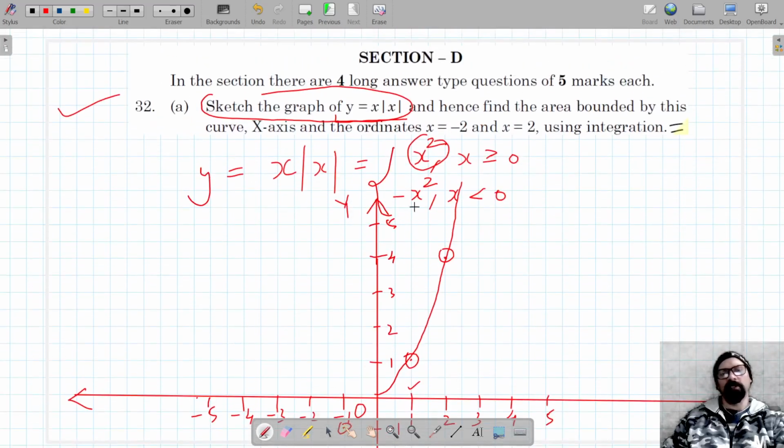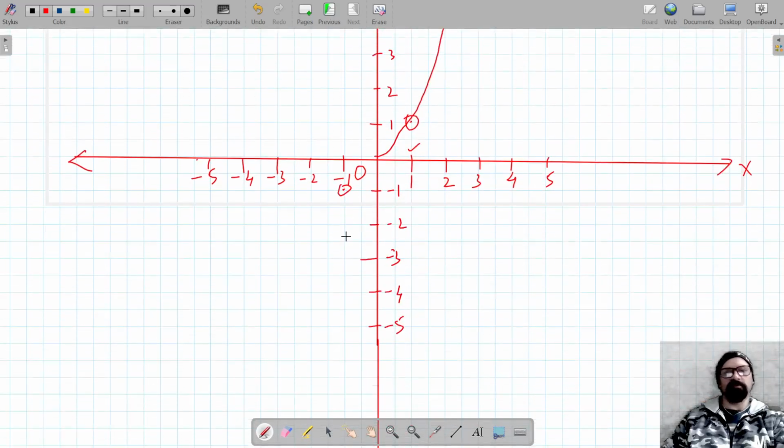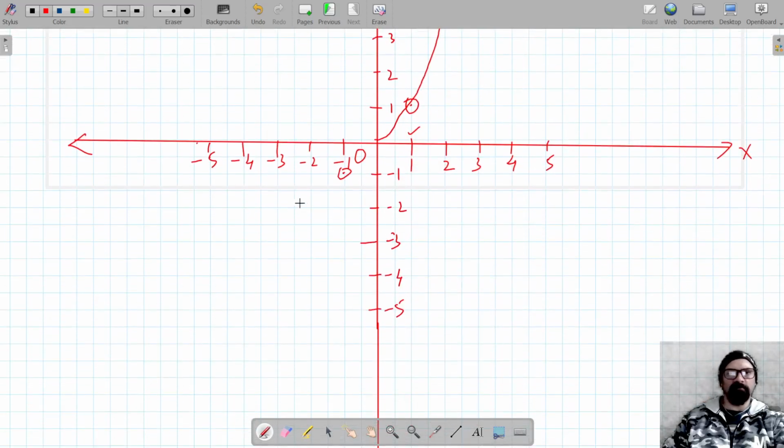If I put negative 2, negative of 2 squared is negative 4. So this graph goes like this.